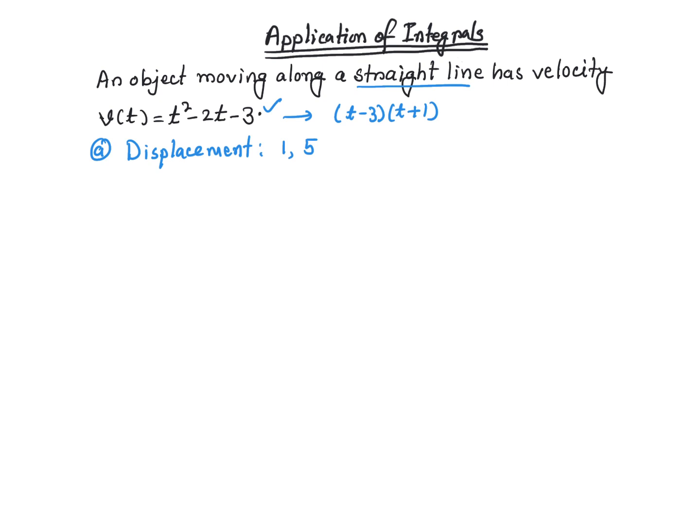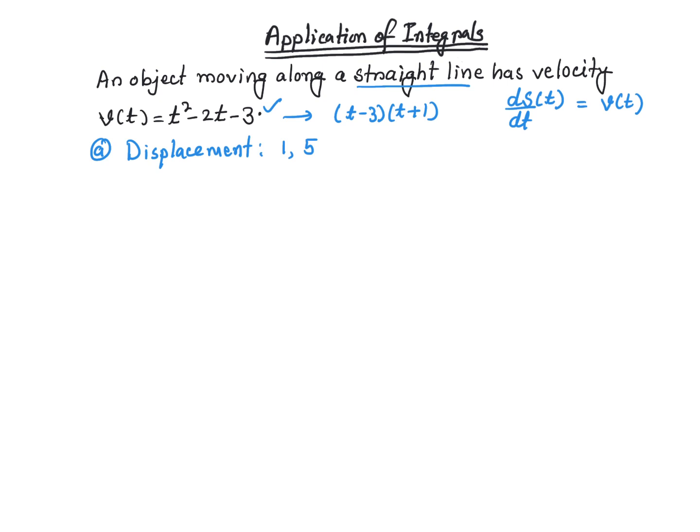Now, just as a side note, if the position of an object is given as a function of time by the function s of t, then the derivative of it, d over dt, is actually the velocity of the object, v of t.